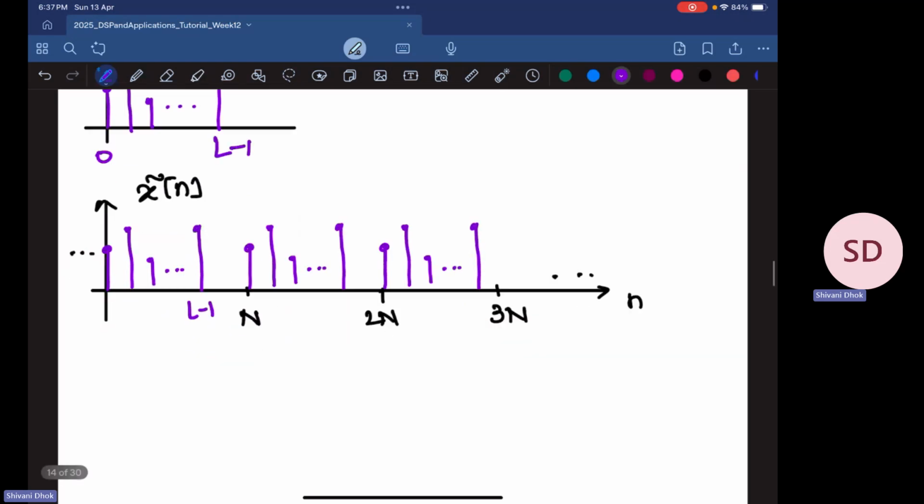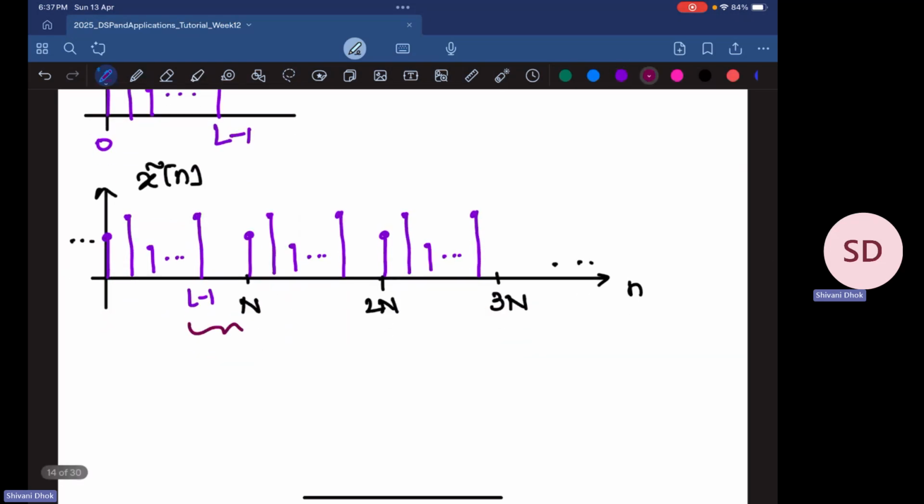Now here is the case where my N is greater than L, or let's say greater than or equal to L. If N is less than L, then I will have some sort of overlap.